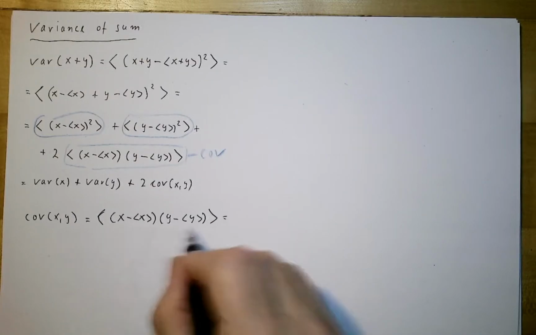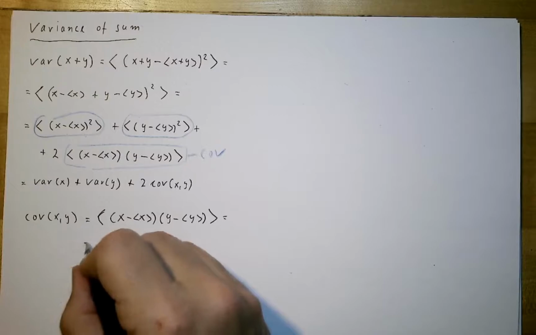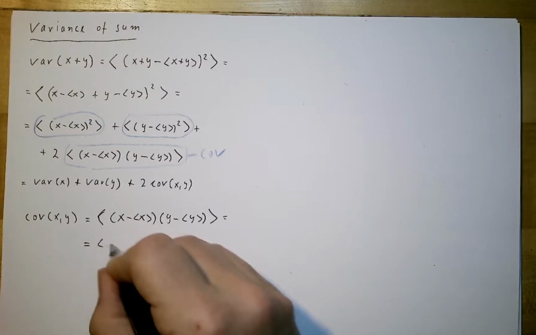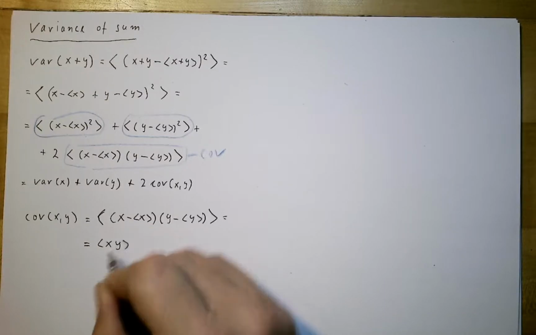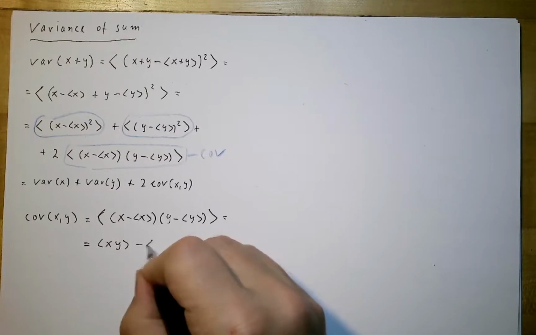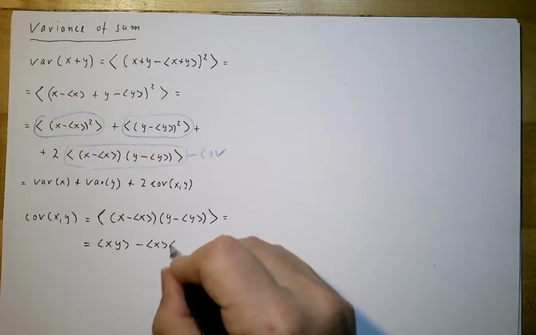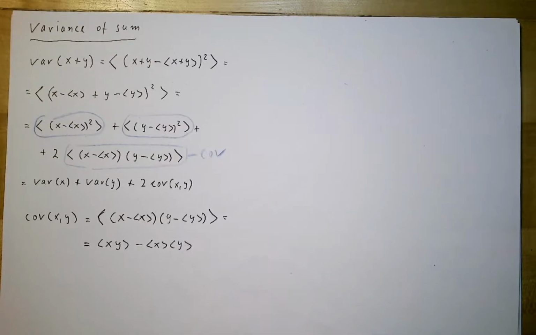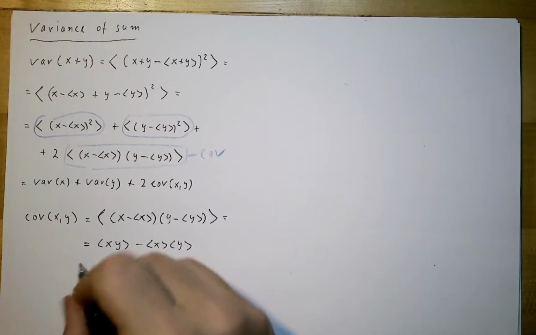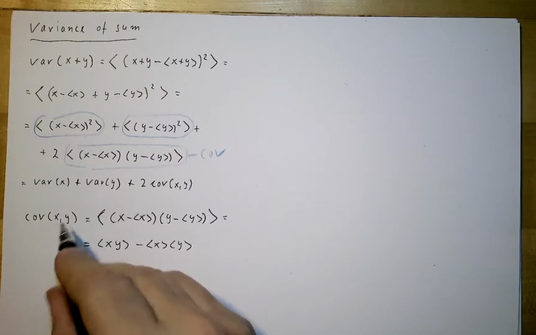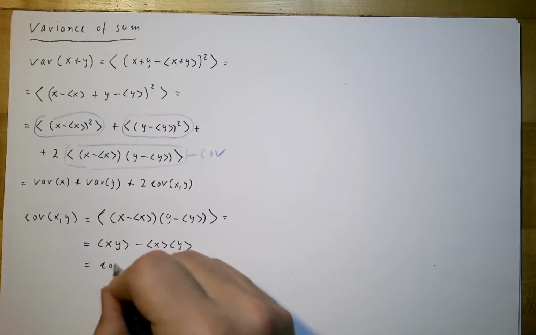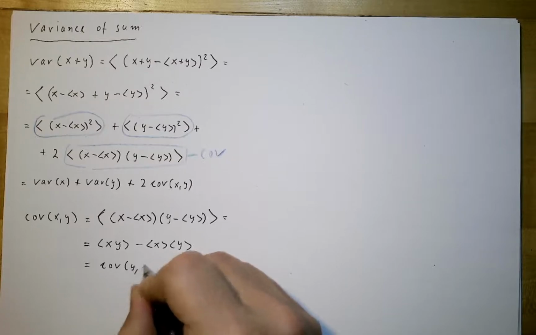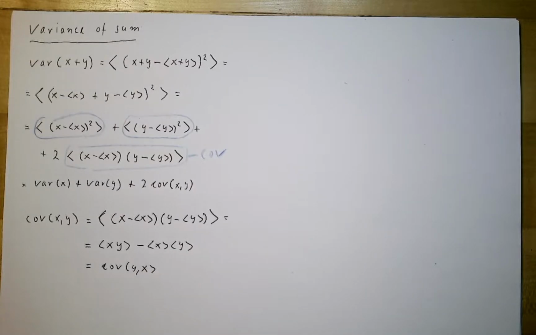And now if you work these terms out, then you see this is exactly the difference of the expectation value of the product minus the expectation value of x times the expectation value of y. And here you directly see this is symmetric, so the covariance of xy equals the covariance of yx.